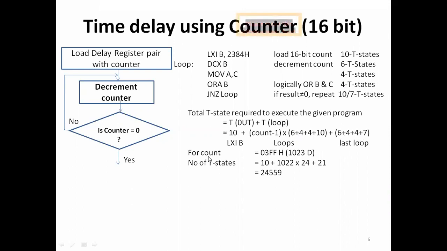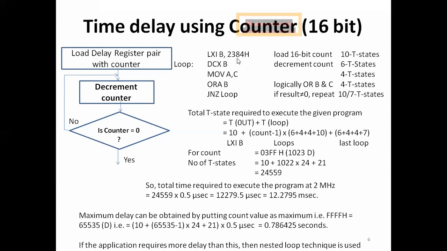So if the count value is, suppose, 03FF, one thing you have to be very careful about: whenever we use the formula, the count value is not written in hexadecimal. Always we have to convert the count value. Of course, whenever we write the program and load the count value into the counter, we will be using a hexadecimal number.